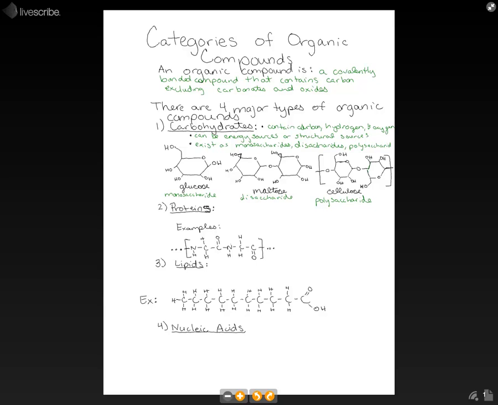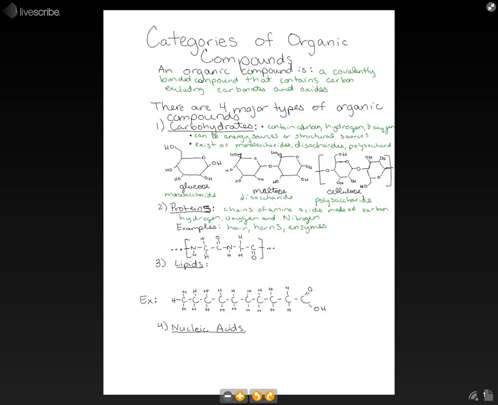The next type of organic compound we're going to talk about is protein. Proteins are chains of amino acids, and they're made of carbon, hydrogen, oxygen, and nitrogen. Some examples of proteins would be hair, horns, and enzymes.